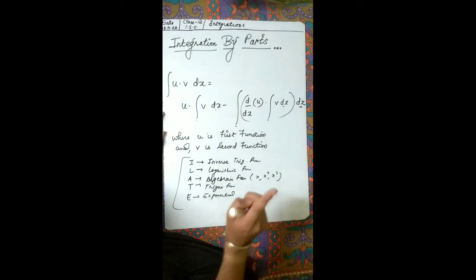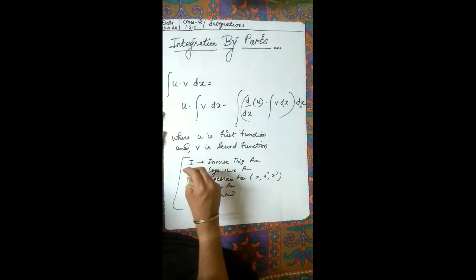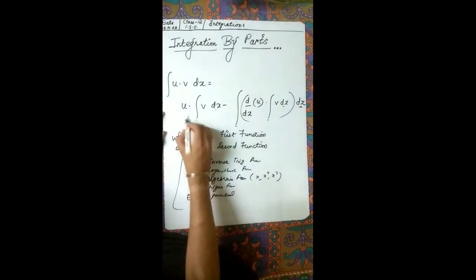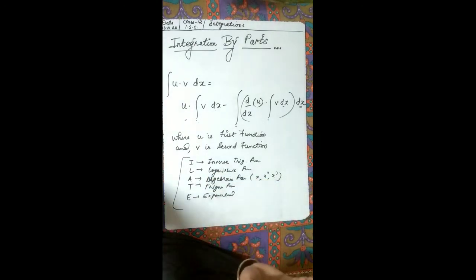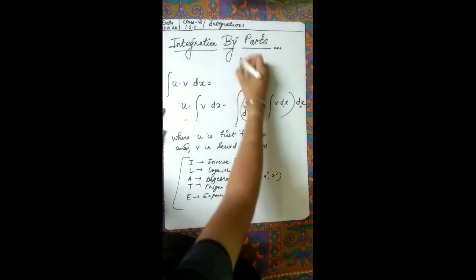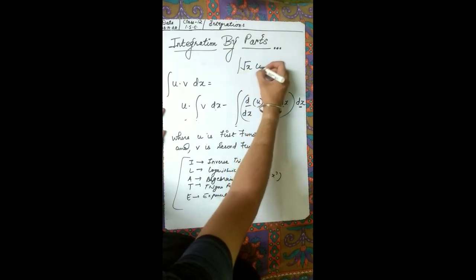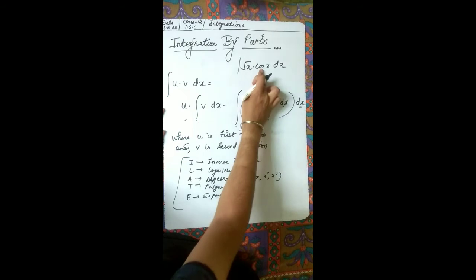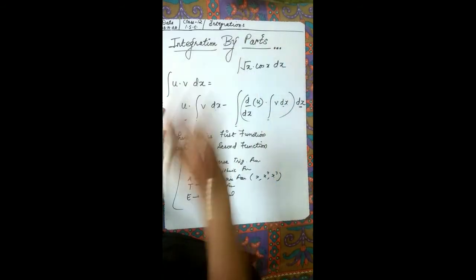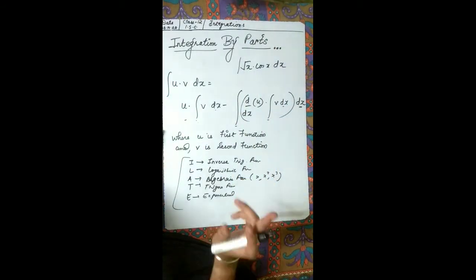Second thing, what you have to understand is that this rule is applicable only for some specified functions. Say for example, if you want to use the rule where root x is in product with cos x, then your integration will not exist. Why?